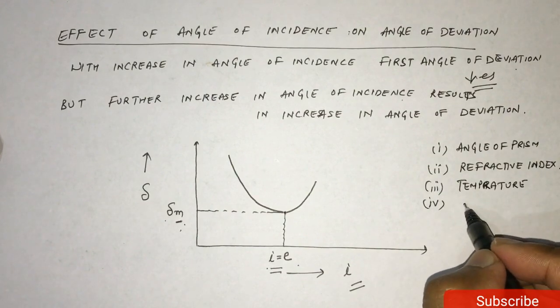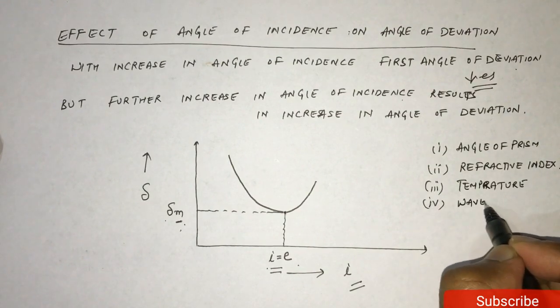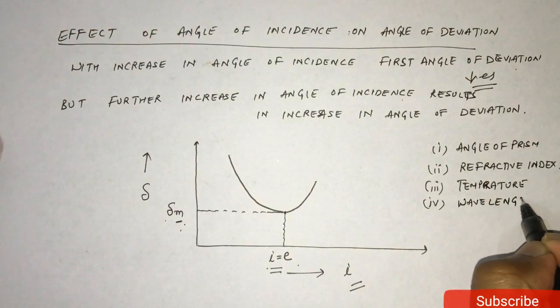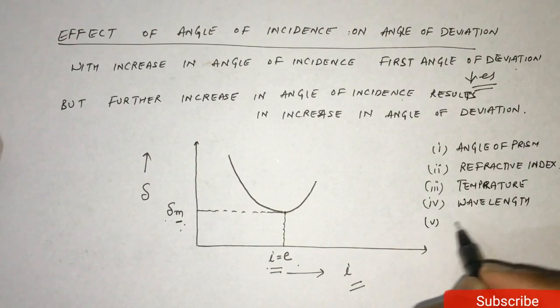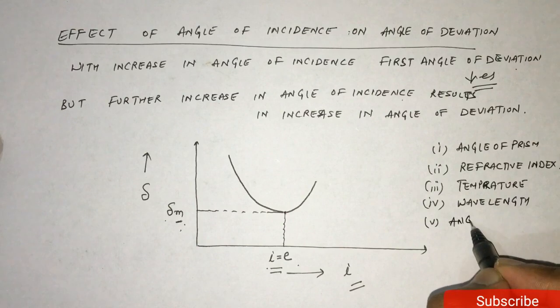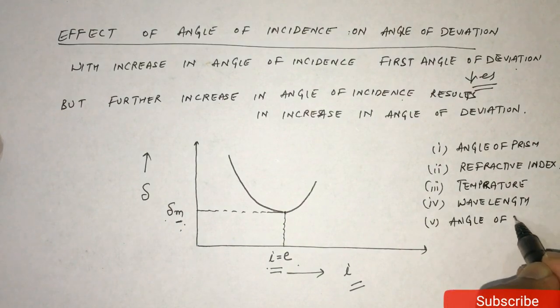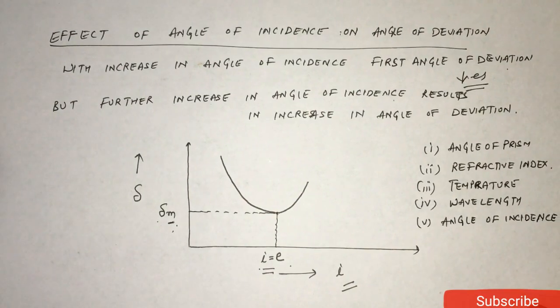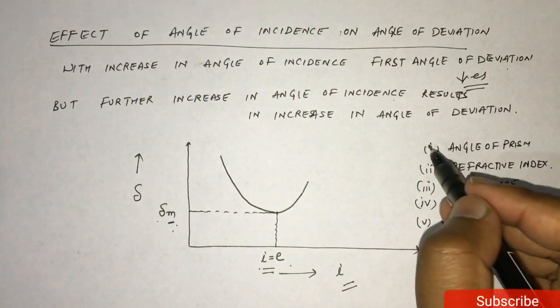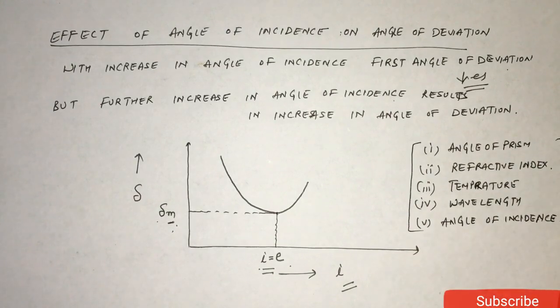Fourth, wavelength. Fifth one is angle of incidence. Clear? So these are some factors on which the angle of deviation depends. Clear? Thank you.